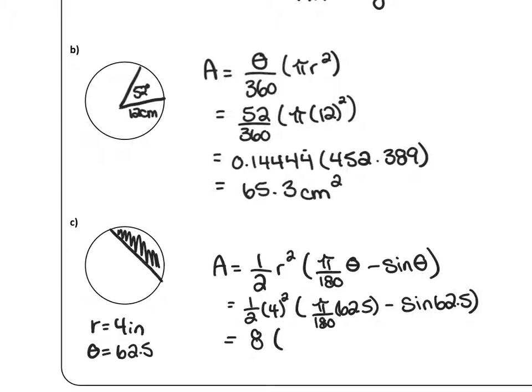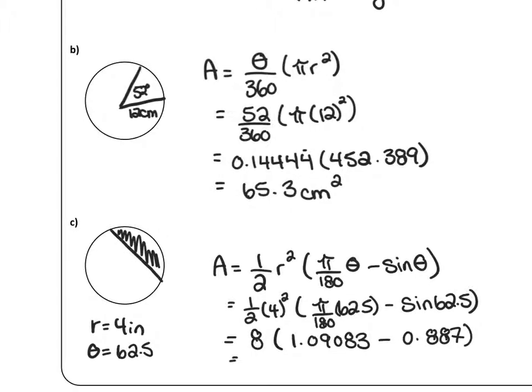Pi divided by 180 times 62.5 is 1.09083, and then sine of 62.5 is 0.887.